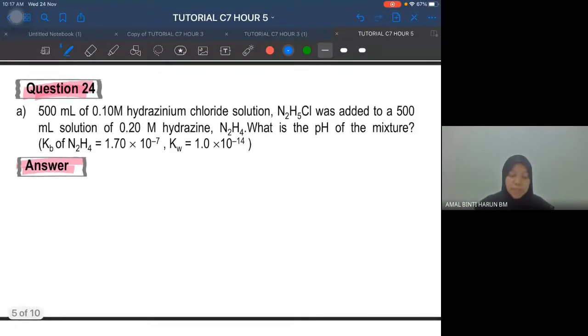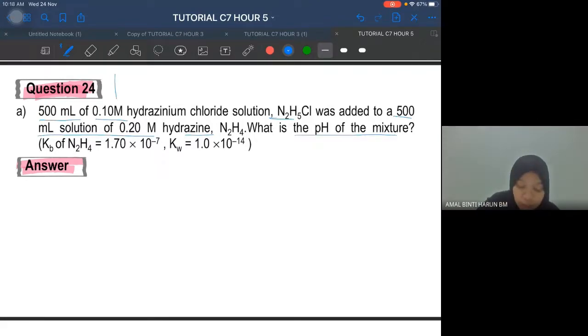Okay, sekarang kita pergi ke soalan 24. 500 ml 0.1 molar hydrazinium solution was added to 5 ml of solution hydrazine. What is the pH of the mixture? Okay, sekarang kita nak analyze mixture dia apa.